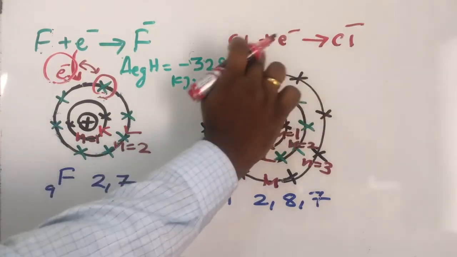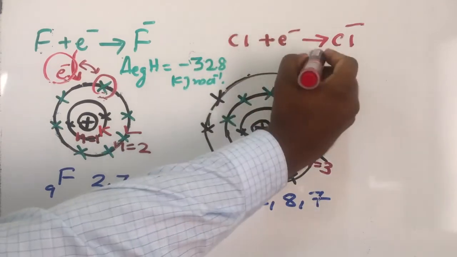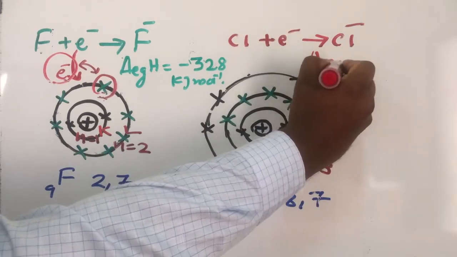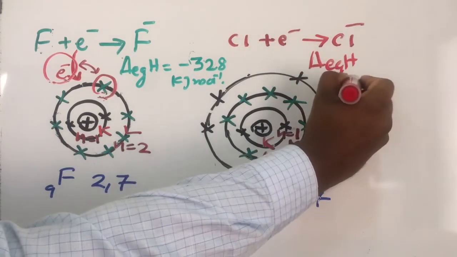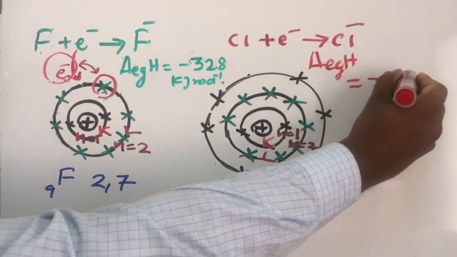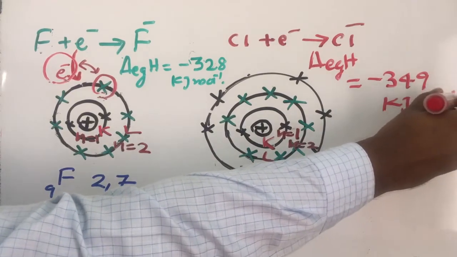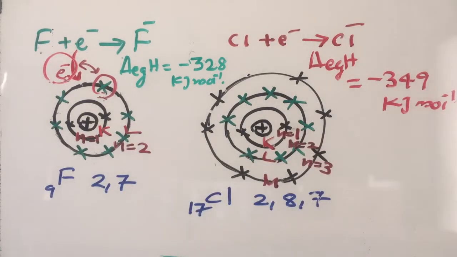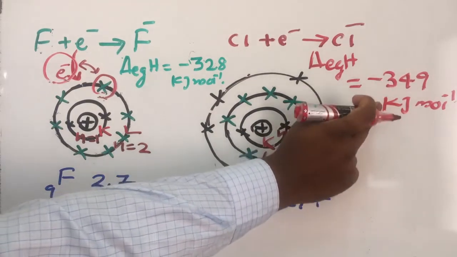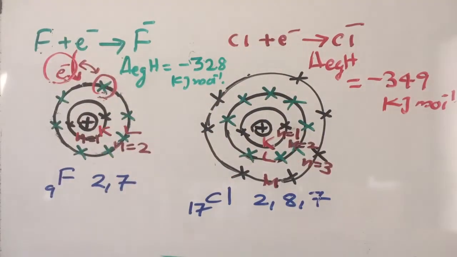Energy released during this reaction is called the electron gain enthalpy of chlorine. And what is that value? Electron gain enthalpy of chlorine is minus 349 kilojoule per mole, and this value is found to be higher than the electron gain enthalpy of fluorine.